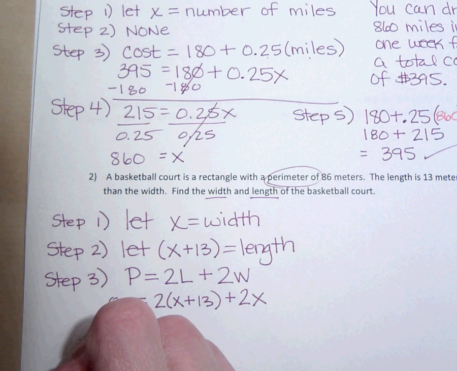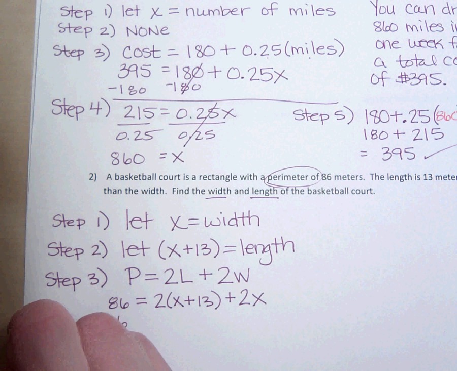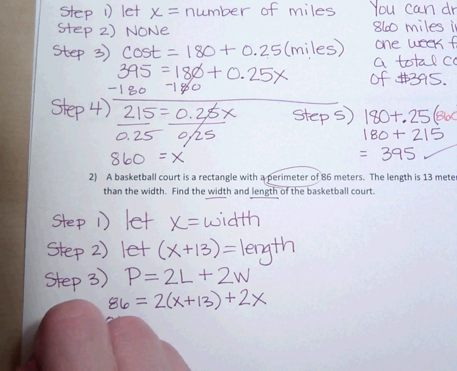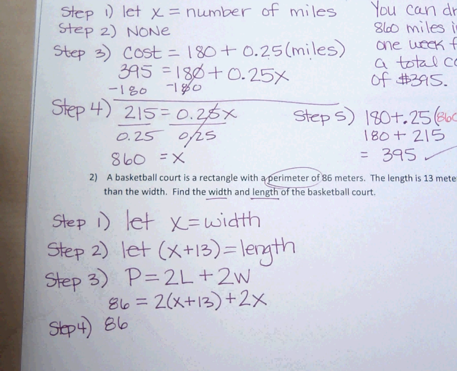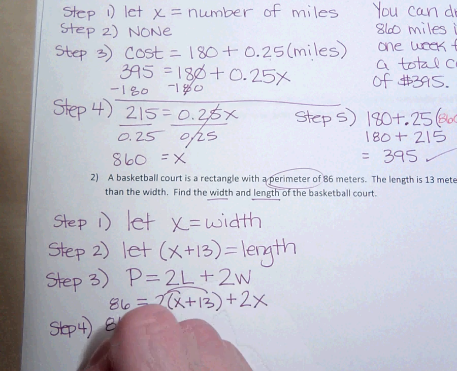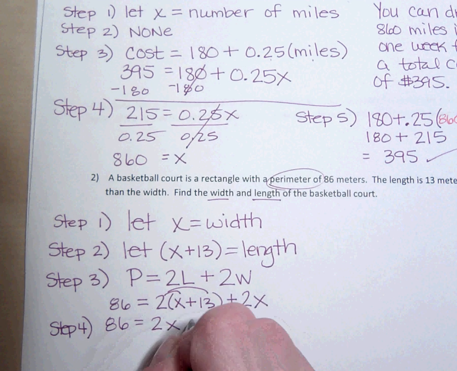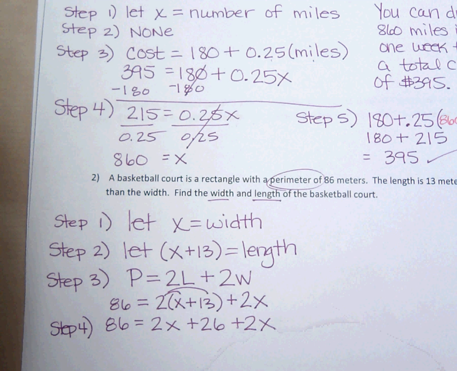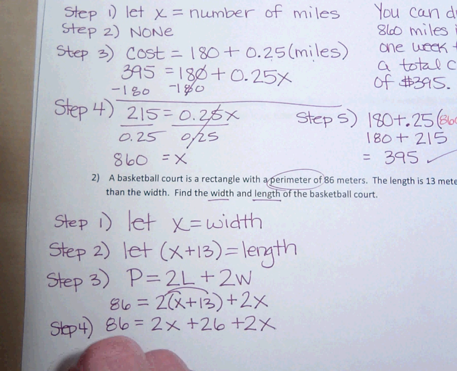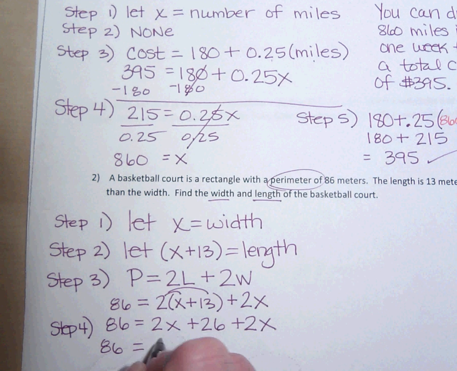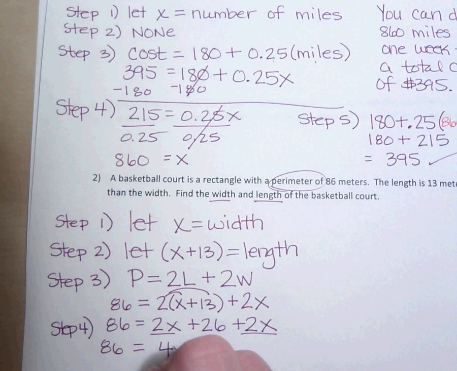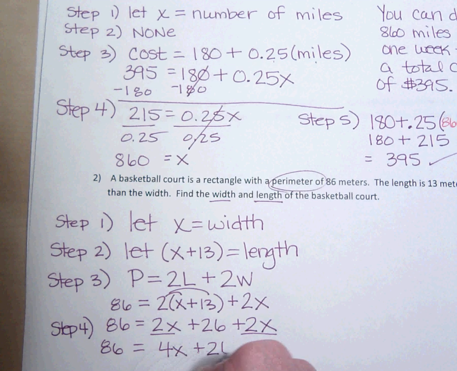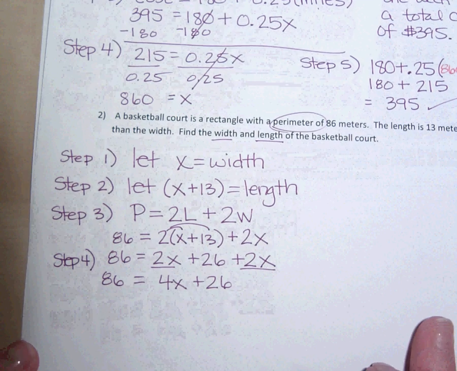So now, step 4 is going to be to solve this. I'm going to get 2x plus 26 plus 2 more x. Combine like terms. 2x and 2x gives me 4x plus 26.